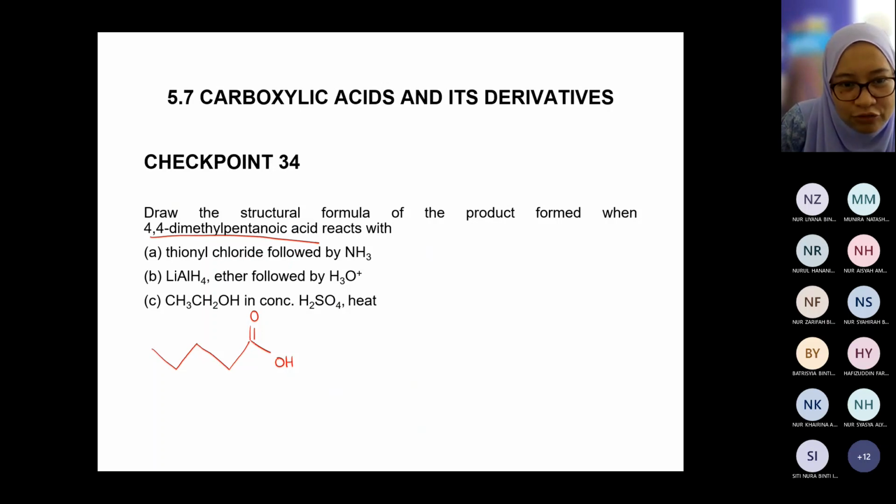Cukup tak? Kadang-kadang kita tend to write extra carbon. Okay, dia pentanoic. So 1, 2, 3, 4, 5. The carbon number 4, we have methyl group. So here lah. Another one is here. There you go. Siap.